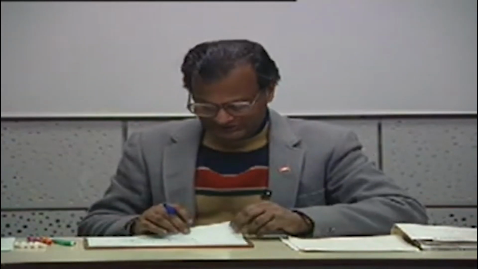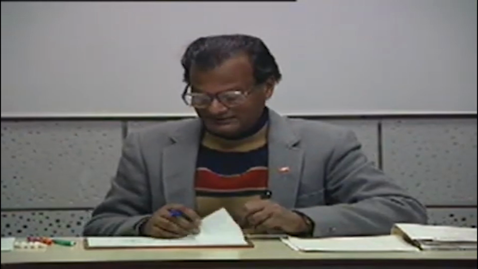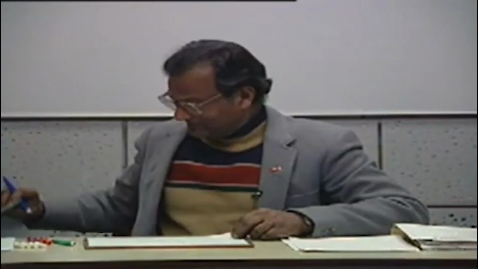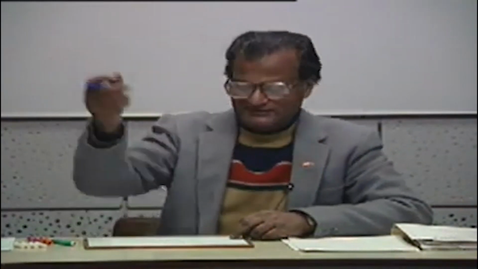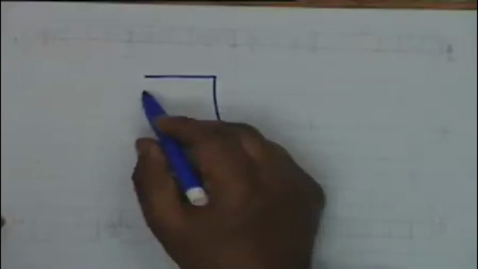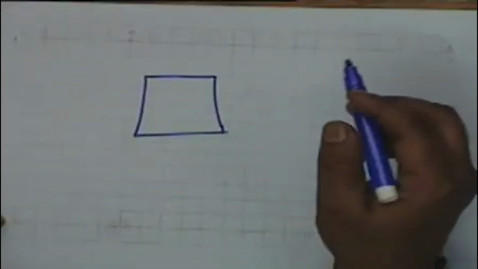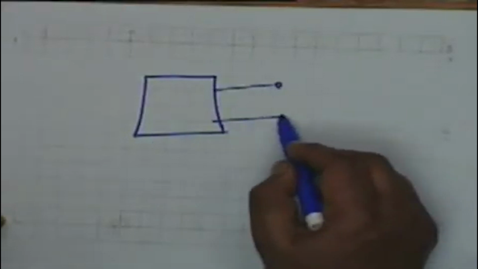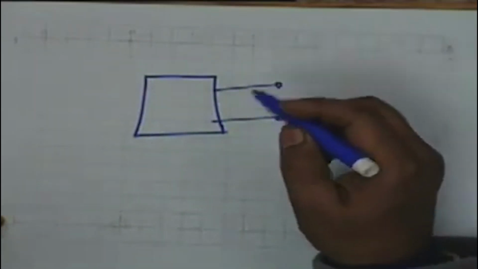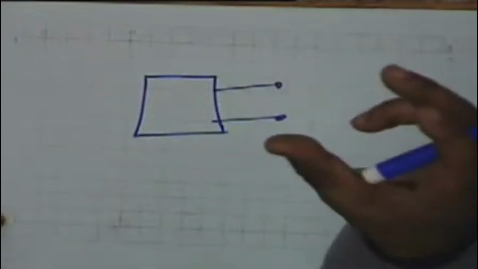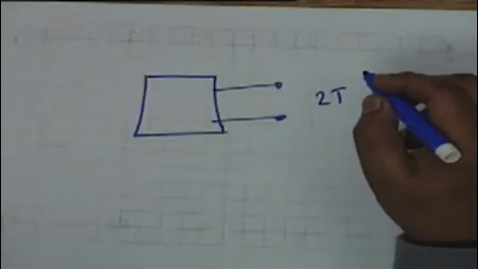Well, I have also introduced incidentally the concept of terminals, which is very easy to see. If you have an electrical circuit which has only two terminals available, then it is simply called a two-terminal circuit.